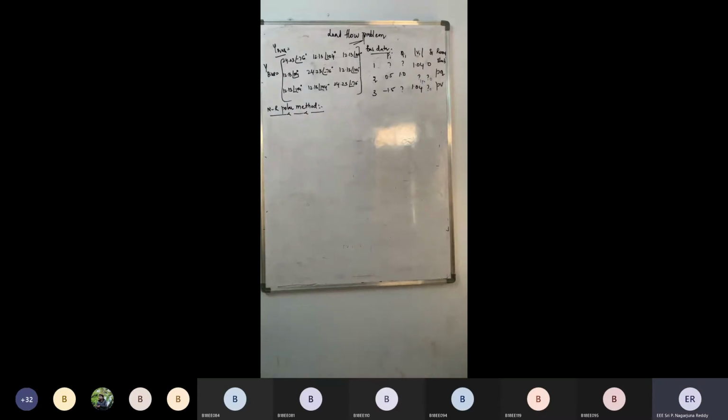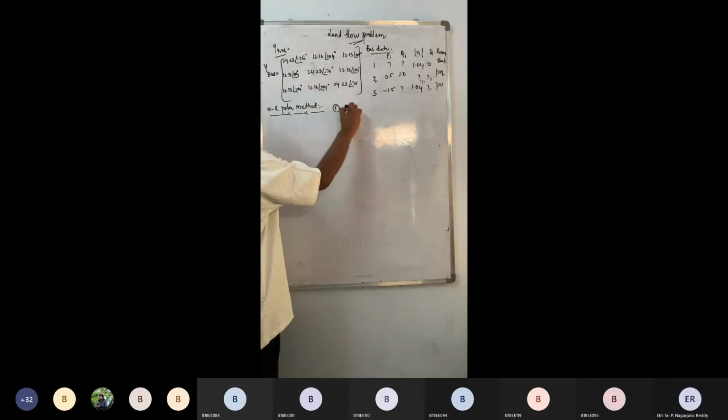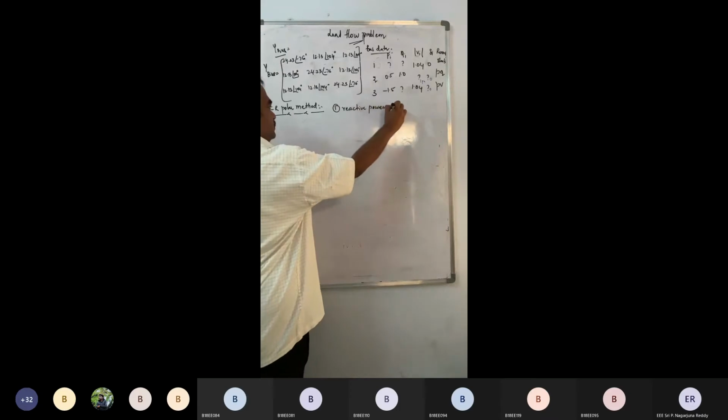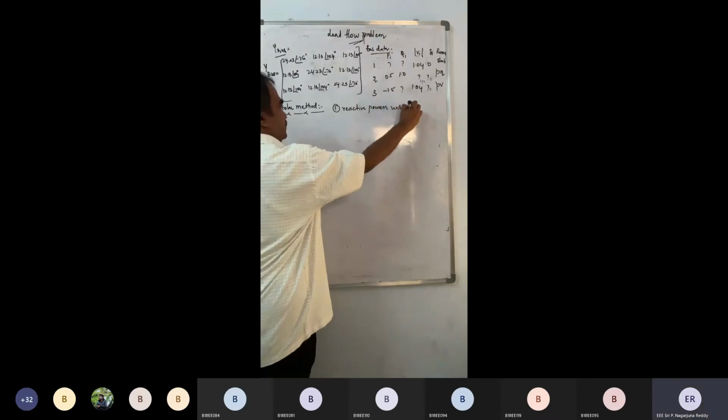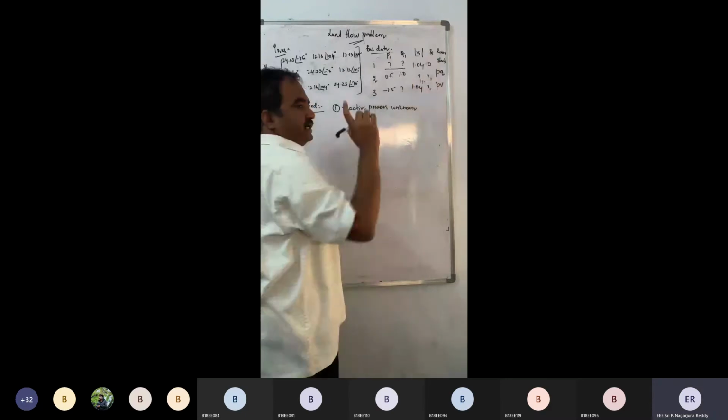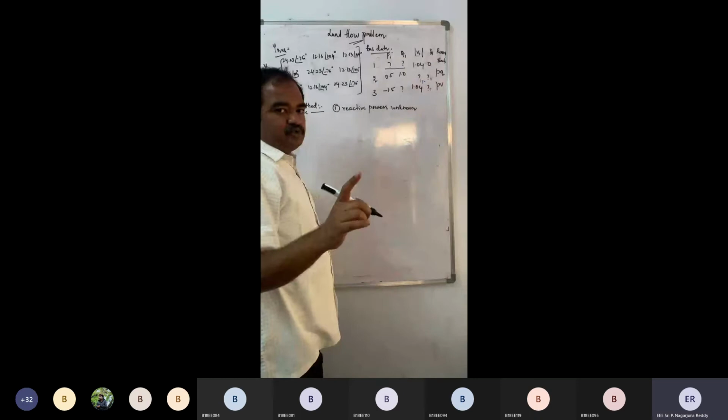In the Newton-Raphson polar method, what are we supposed to do? We are supposed to compute. First of all, let's go with the reactive part. What are the unknown reactive parts? The first one is a slack bus, and these two parameters can be obtained only at the end of the solution.